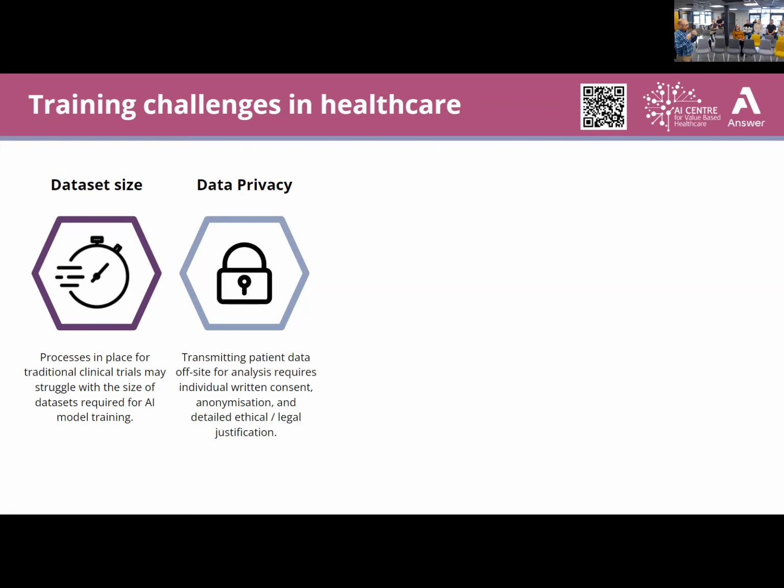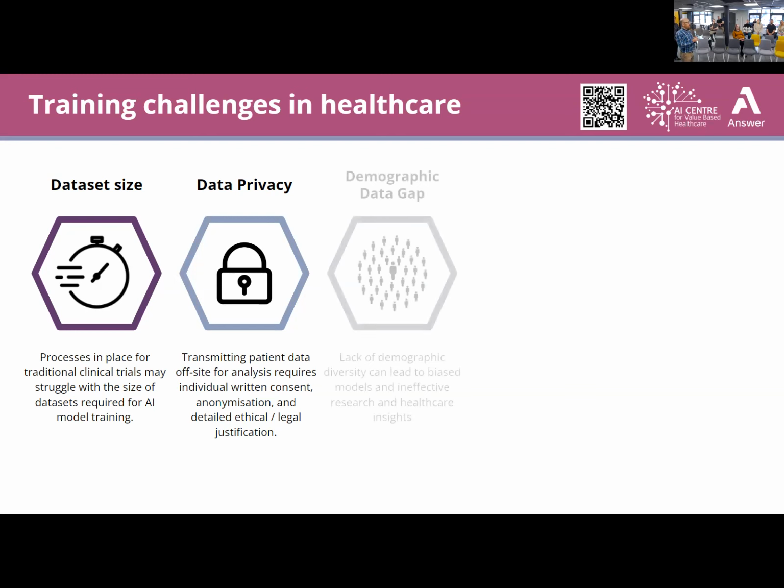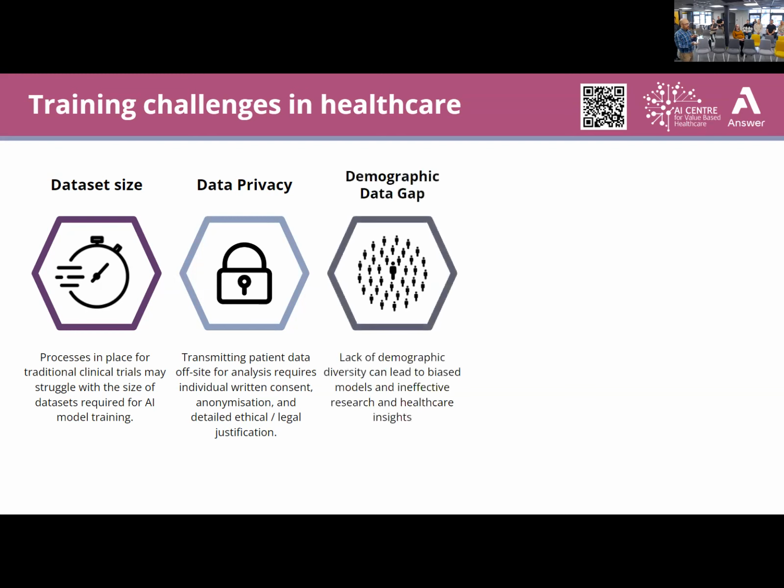Often a traditional clinical trial will get individual written consent from each patient to be part of the study. But if you're looking at archival data, you can't go back and do that retrospectively. So the requirements to be allowed to do that are a lot higher administratively.